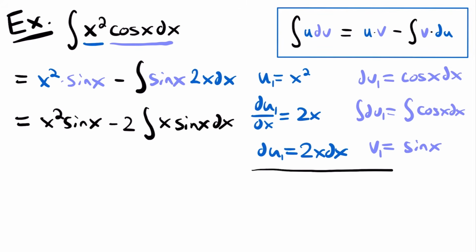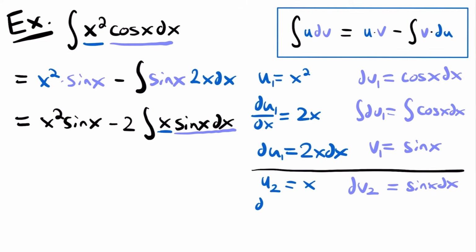Okay, but what we're going to have here is that u sub 2 is equal to x, that is this function right here, and dv sub 2 will be equal to sine x dx. All right, and so if we take the derivative of u, we'll have du sub 2 divided by dx is equal to 1, because the derivative of x is 1, which means that du sub 2 is equal to dx.